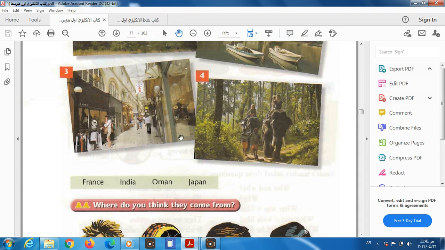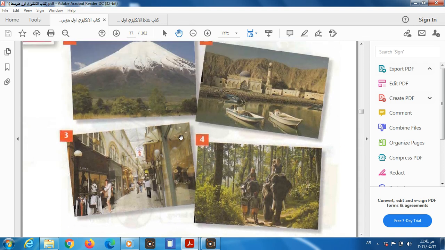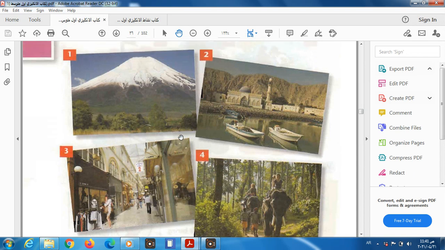Okay, now you have to match these 4 countries الأربع دول with these pictures ويا هذه الصور الأربعة. Okay, now what do you think picture number 1 shows? Number 1 shows Japan, because Japan has a lot of mountains.